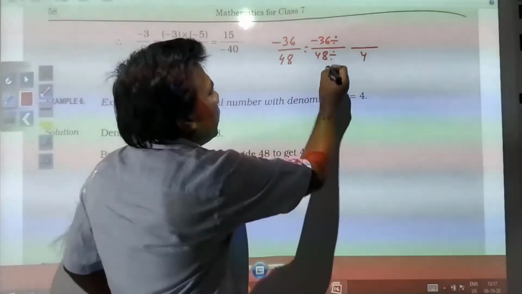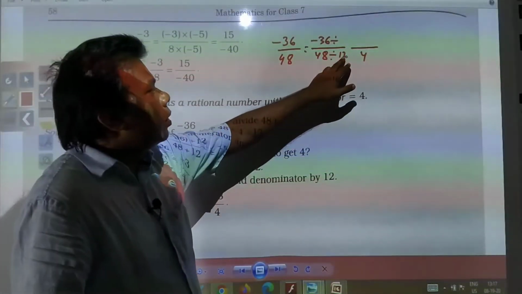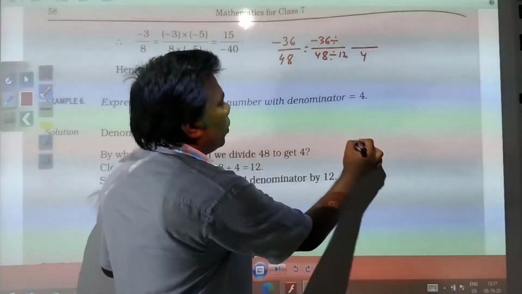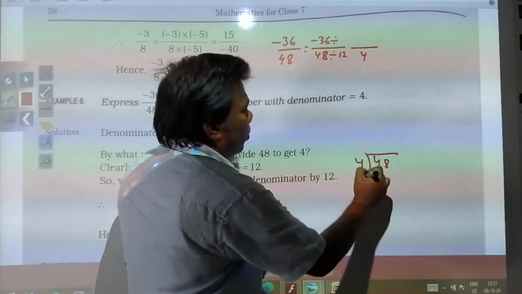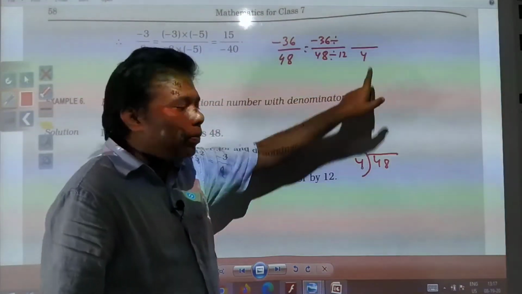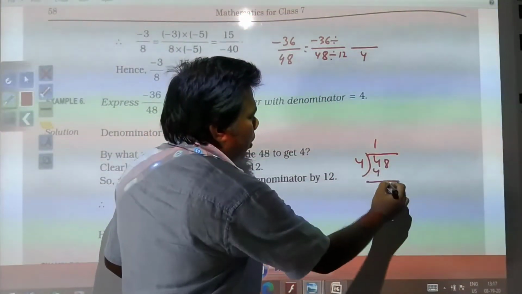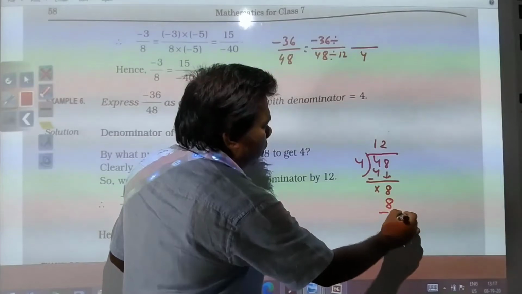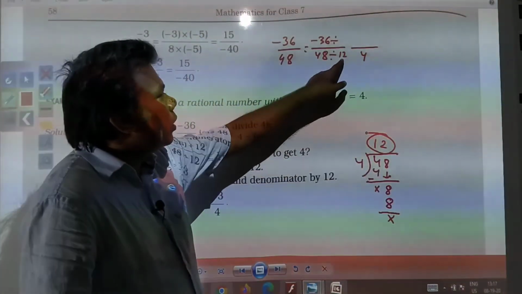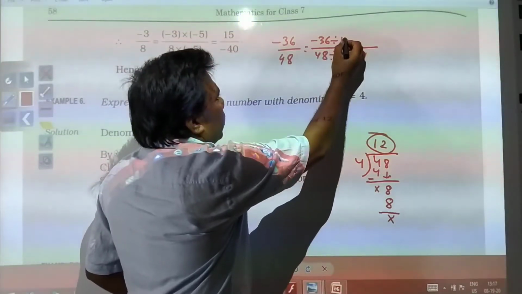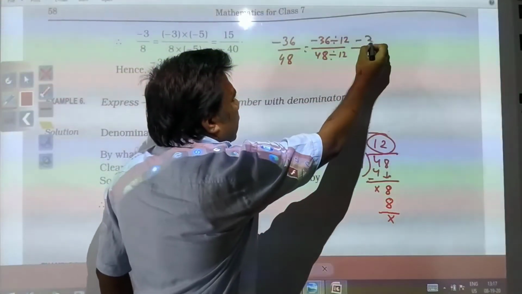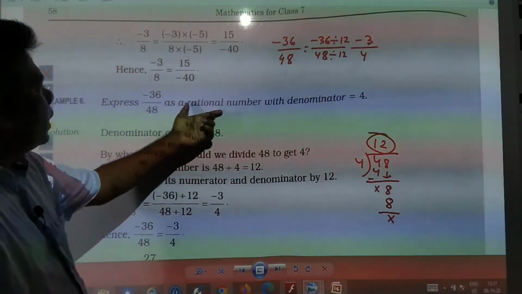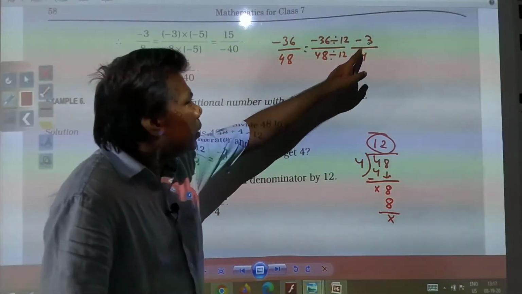Here you see which number will be required, 12. 12 fours are 48. And if you don't know, simply 48 is required to be divided by 4. What will you get? 4 ones are 4 and 4 twos are 8. So you got 12. So 12 will be required to be put over here. So here again you will need 12, and you will get minus 3 by 4. So express minus 36 by 48 as a rational number with denominator equal to 4 will be minus 3 by 4.